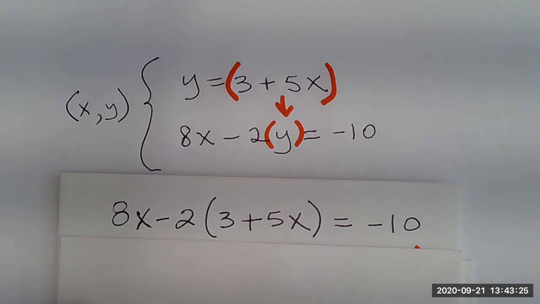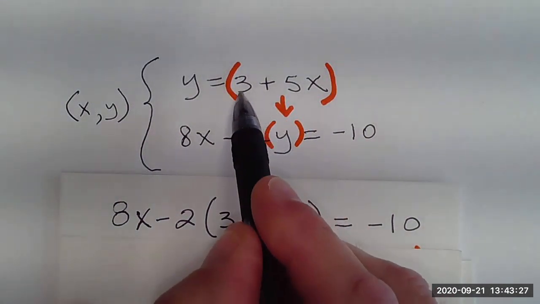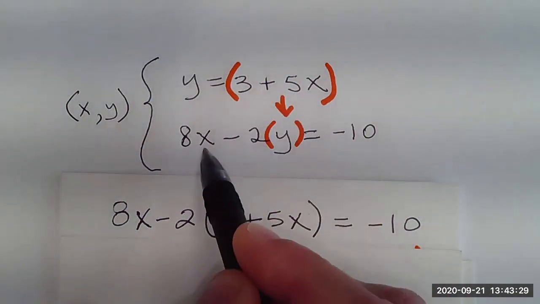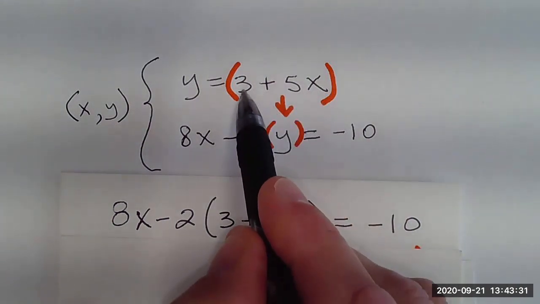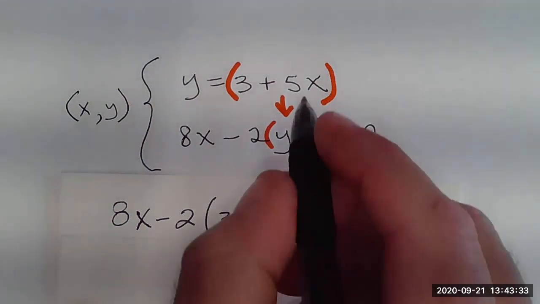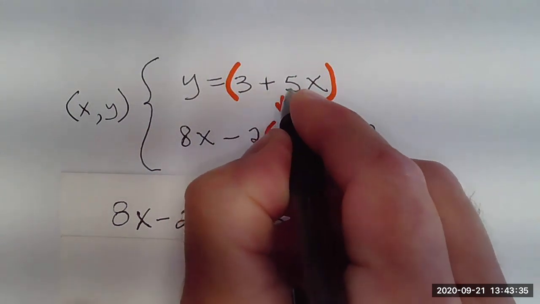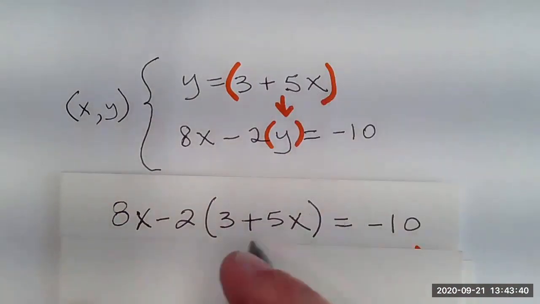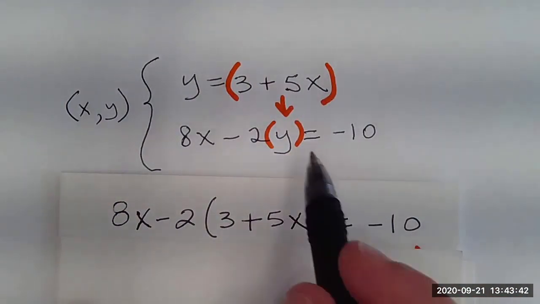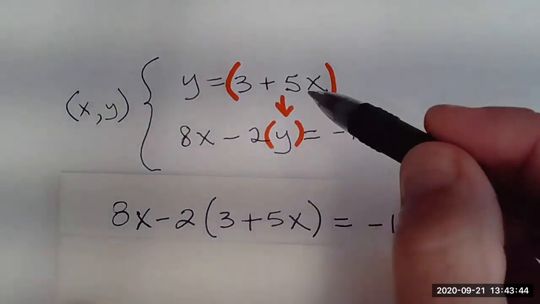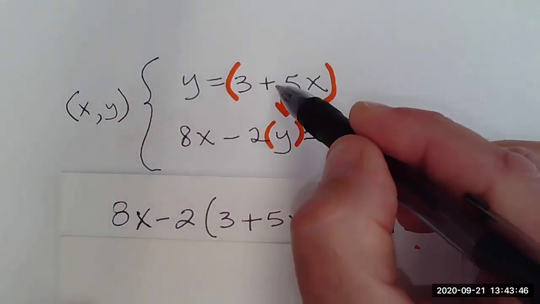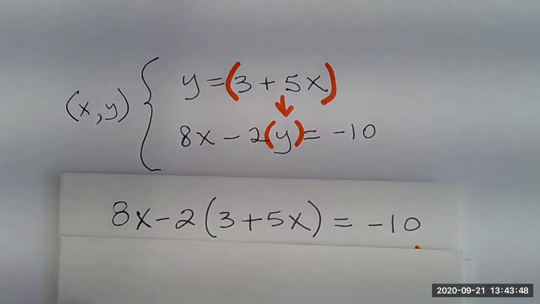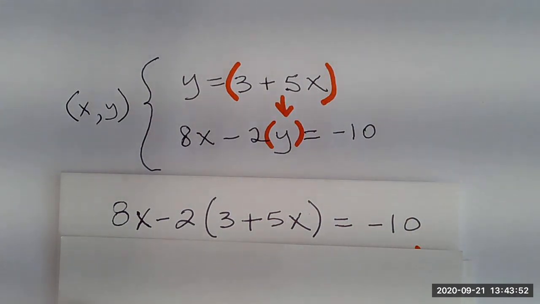Common errors: you'll see your friend substituting something in for the other variable. That's very common. If you have that habit of not paying attention to the details, not looking at the precision of the activity, then please watch for that. It's equivalent to y, so substitute in for y. There will be scenarios in which you have something equal to x and you can substitute that in for x.